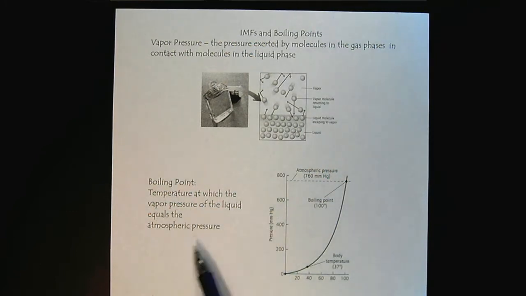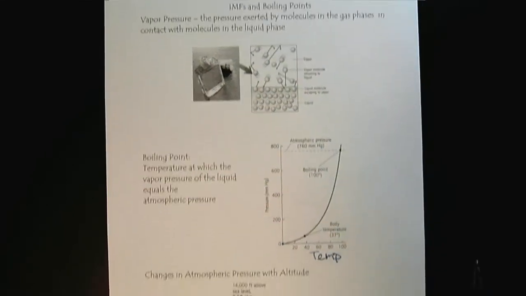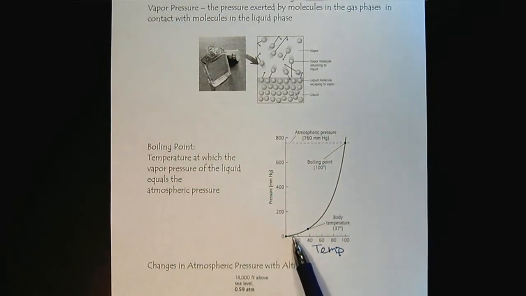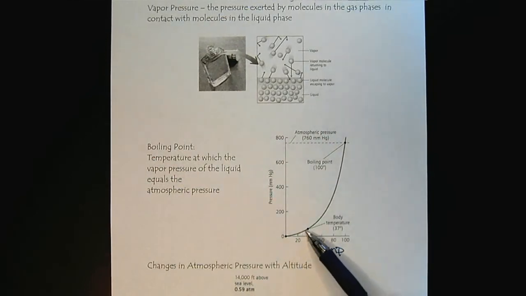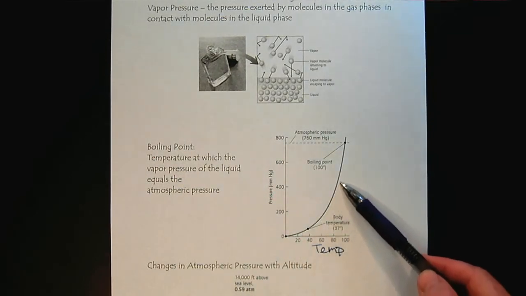So here we have a graph where we have the pressure, and this would really be the vapor pressure of the substance. And then across the x-axis, we have the temperature. And so we see that as we increase the temperature, we increase the vapor pressure of the substance.